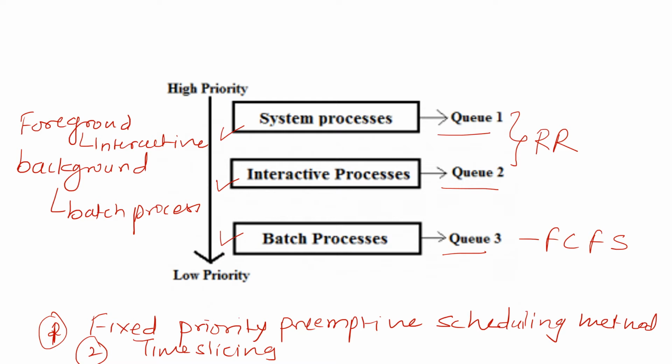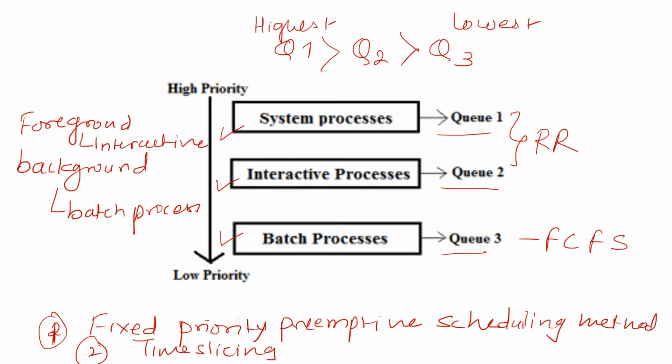Let us consider that Q1 has the highest priority over Q2 and Q3. So Q3 has the lowest priority and Q1 has the highest priority.